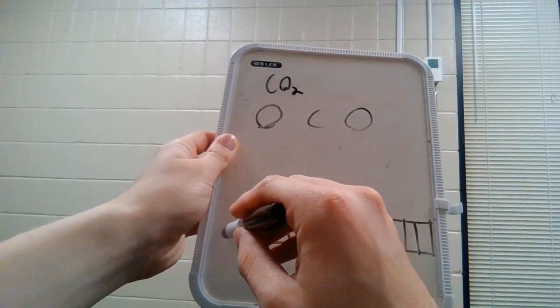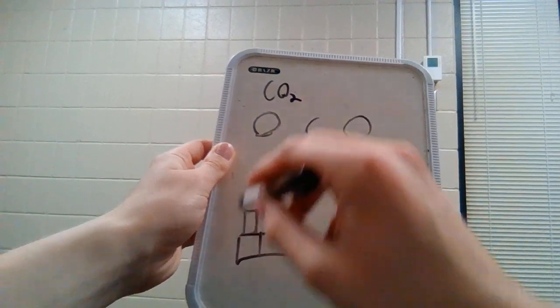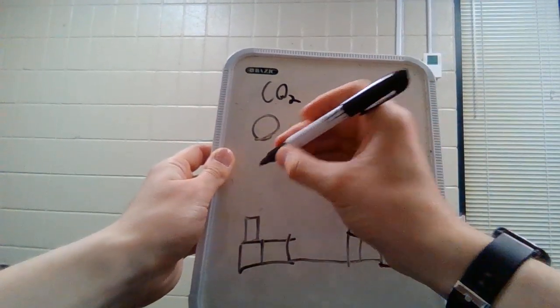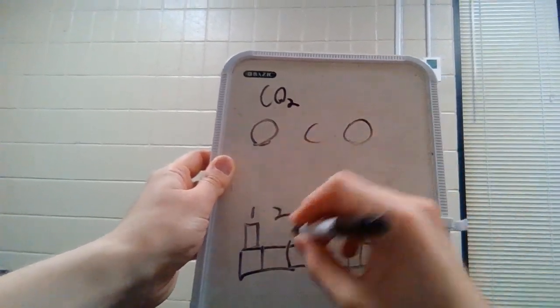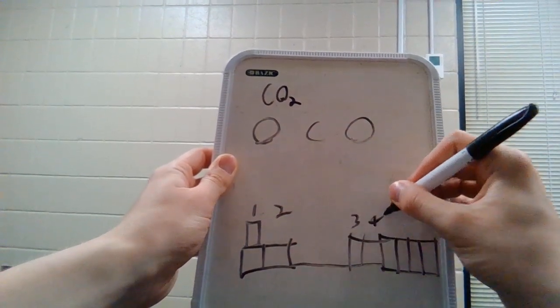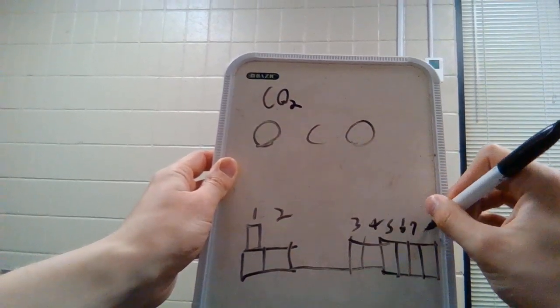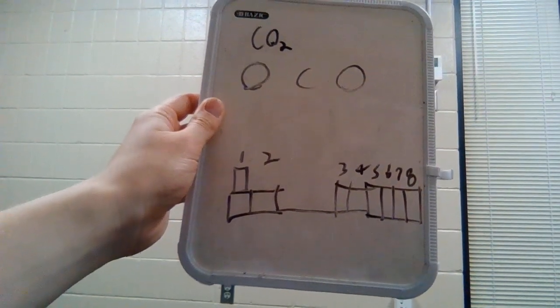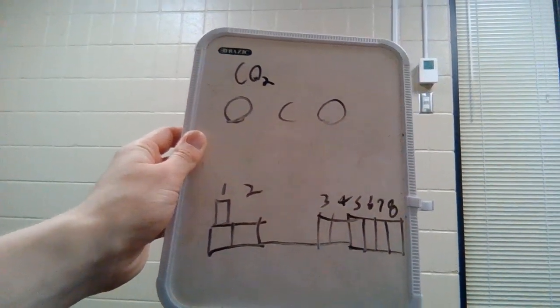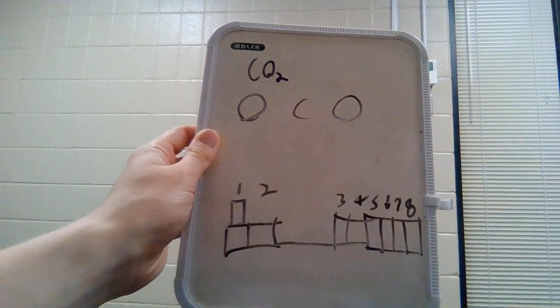It doesn't matter what row they are in, it only matters what column. So it's sorted by 1, 2, you skip a few, 3, 4, 5, 6, 7, 8. And each element, aside from one, which we'll get to later, needs to have 8 total electrons.